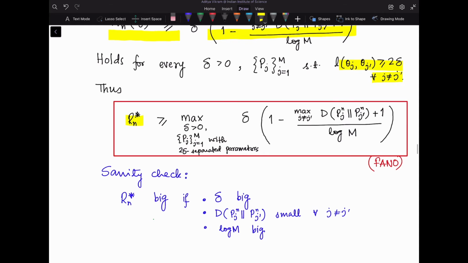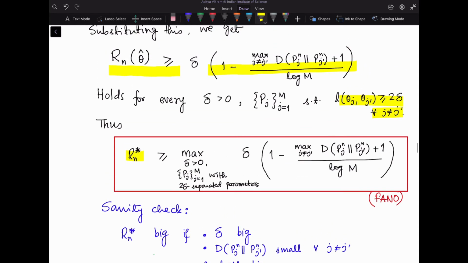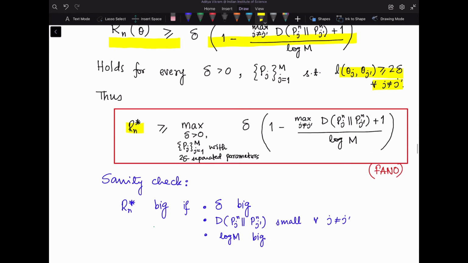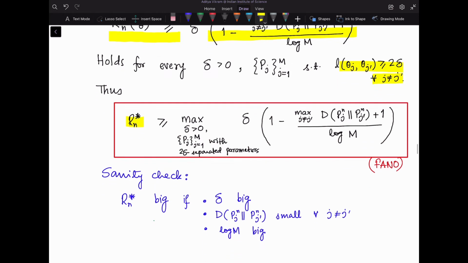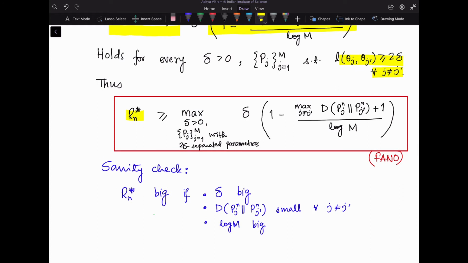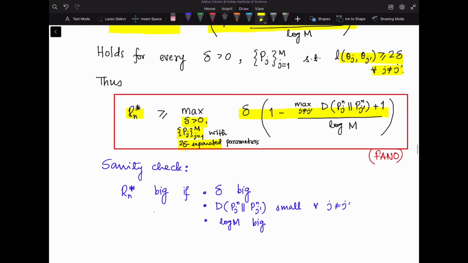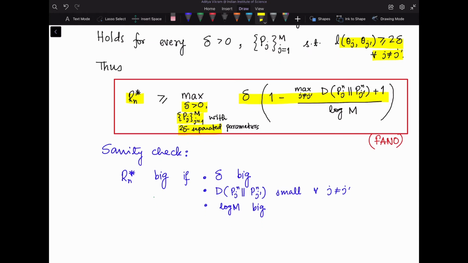Since the bound we have obtained holds for every theta hat, if we minimize over theta hat, we get this Rn star. So Rn star would be at least the maximum over all deltas and all p1 to pm which are at least 2 delta separated, okay, in this loss function sense, of this quantity. So this is the Fano's lower bound on Rn star.